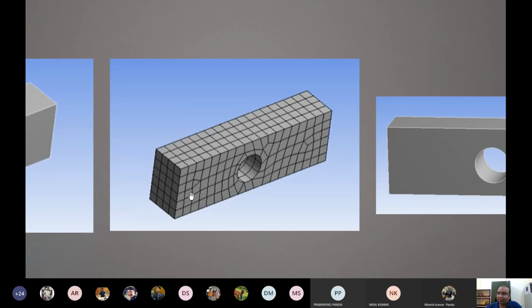Generally software does this automatically, but sometimes there is a requirement of some refining. Sometimes it doesn't do it automatically. It just goes to the first order only, and there is some gap that is left when a non-curved mesh is superimposed on a curved portion.